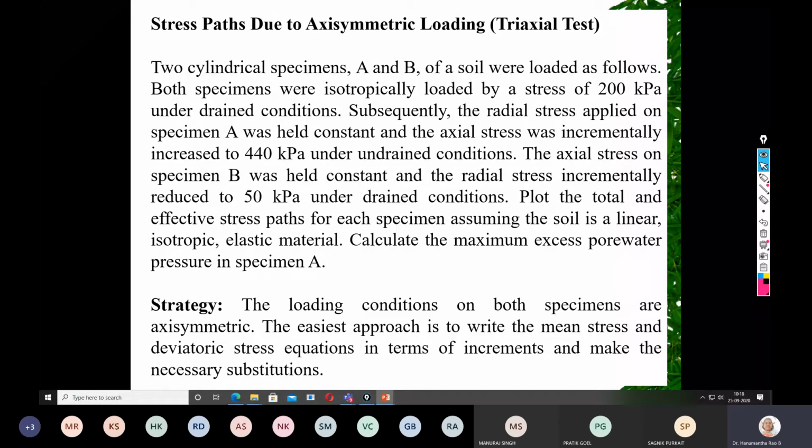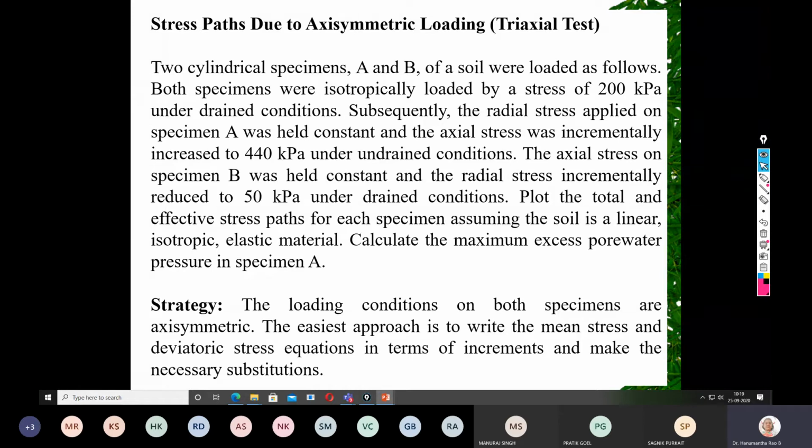This is the stress path due to axial pressure. Two cylindrical specimens A and B of a soil were loaded as follows. Both specimens were isotropically loaded by a stress of 200 kilopascals under drained conditions. Initially both specimens were isotropically loaded and the drainage valve is opened.